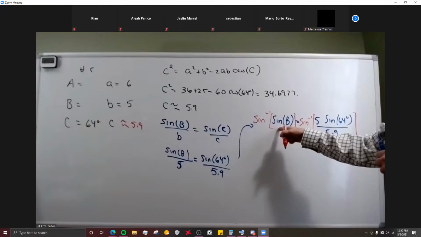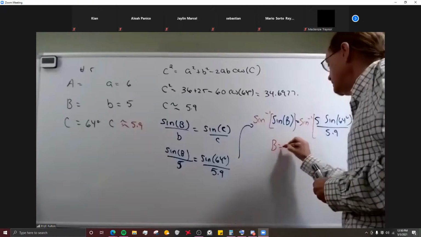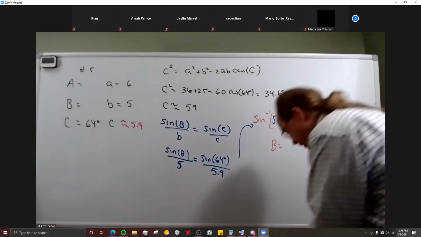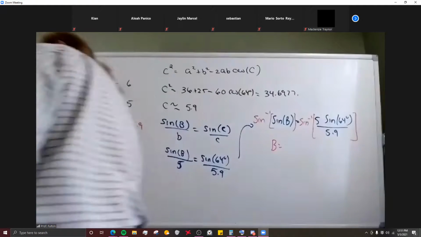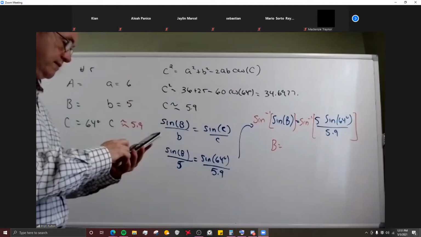This cancels out to just give me angle B. Now we plug it into the calculator, which gives me the angle in degrees.